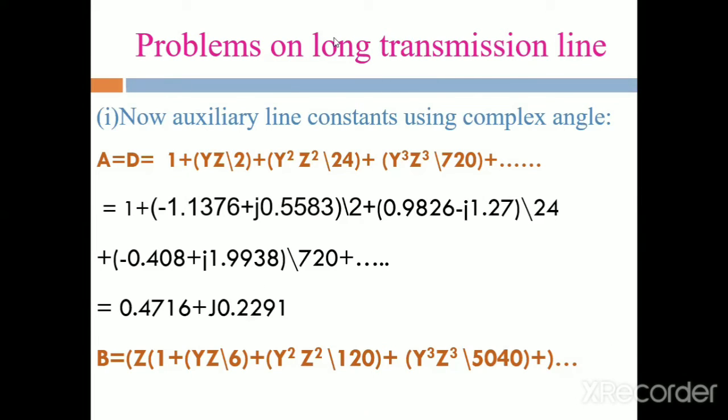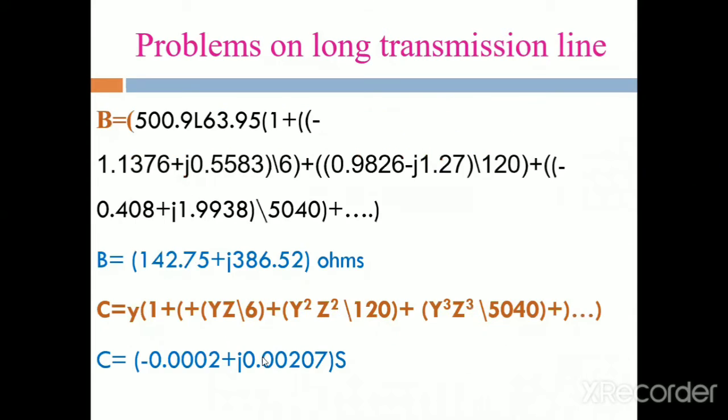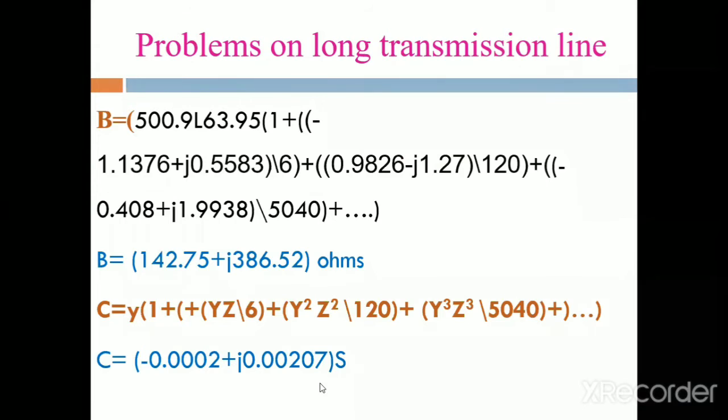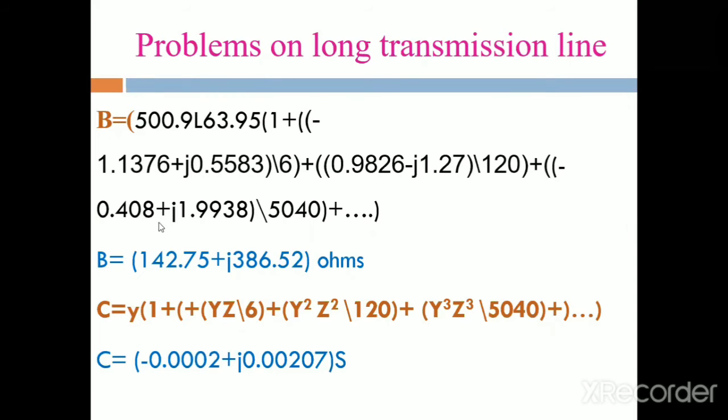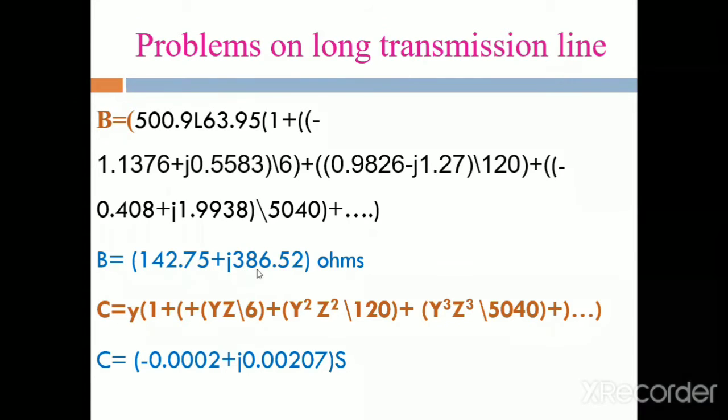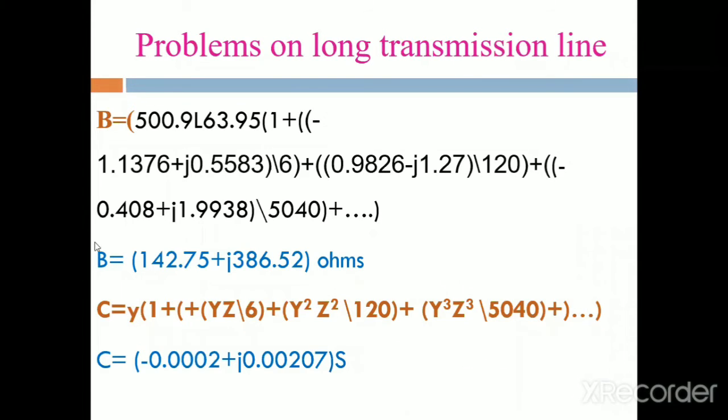Okay, this is the formula for B. Then substitute all the values, that is Z value, YZ value, Y square Z square and Y cube Z cube. Okay, after that we calculate B, and then we obtain B is equal to 142.75 plus j 386.52 ohms.